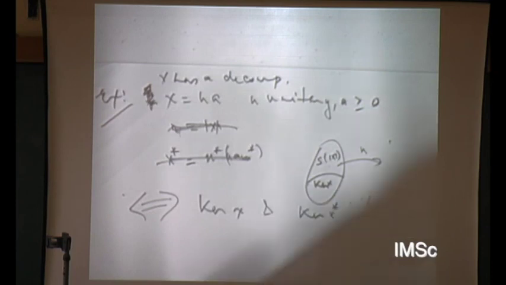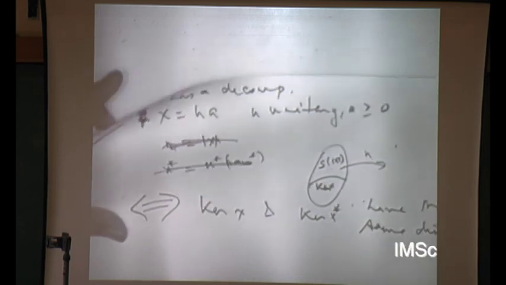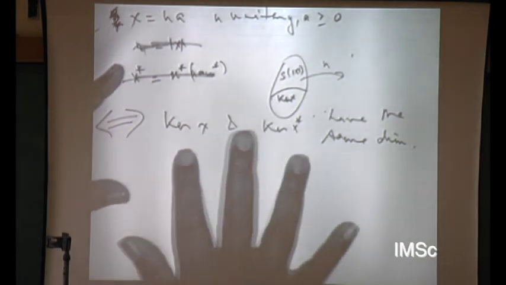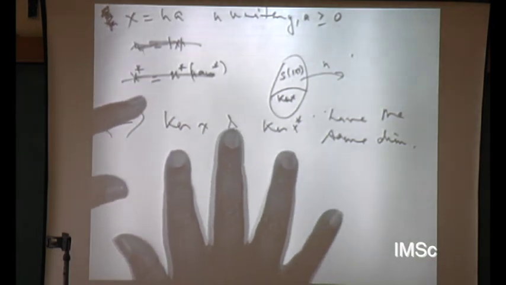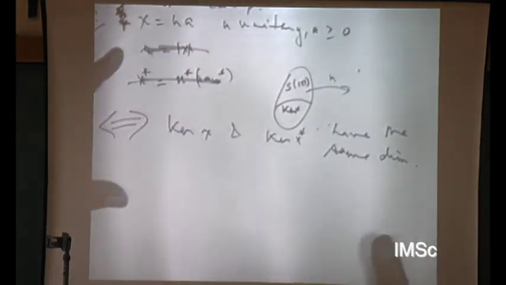That is, U must map the kernel of X onto the kernel of X star. And U is unitary on the whole space, so those two must have the same dimension. Because you are in infinite dimensions and these two things may not have the same dimension, that is why this whole thing comes about.